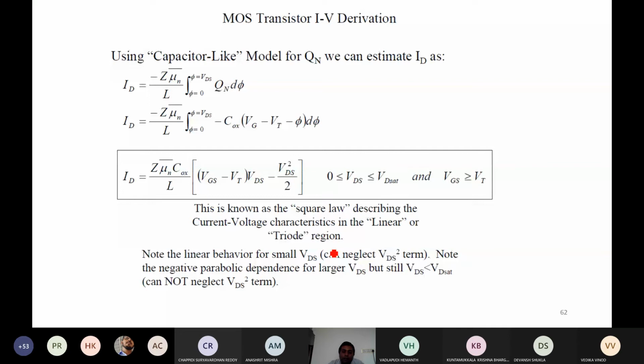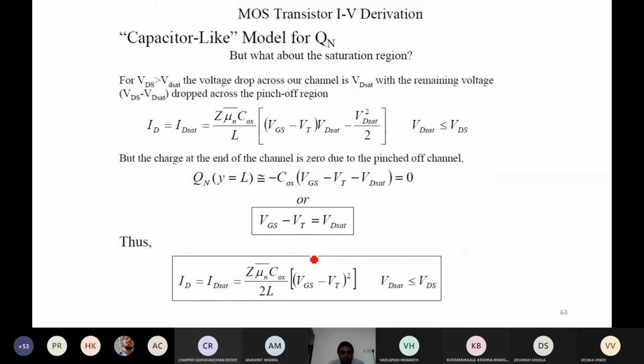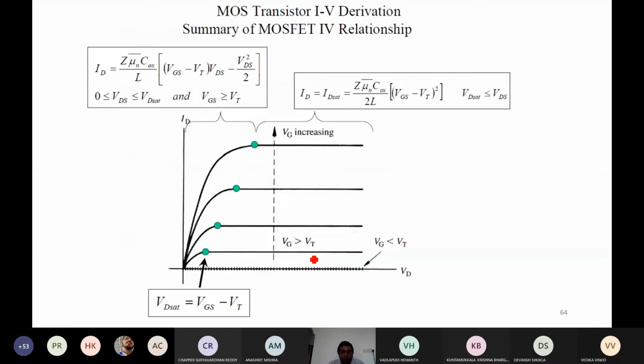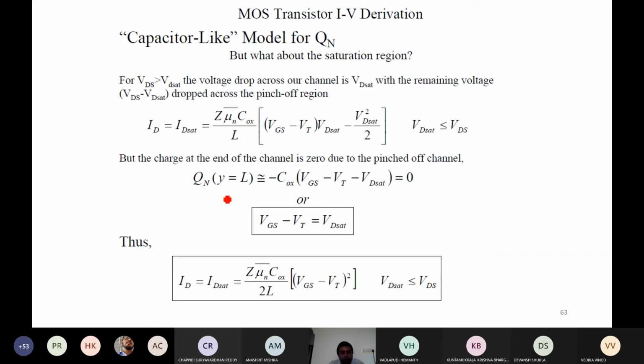Actually the whole linear region is the triode region, where exactly linear behavior is the normal triode region, but in the deep triode region, as you increase VDS, still less than VD sat, it is not linear. We will see that in the plots later. Initially it was just linear, but after some time it stops following the linear relation and some bending happens. We will come to that point.